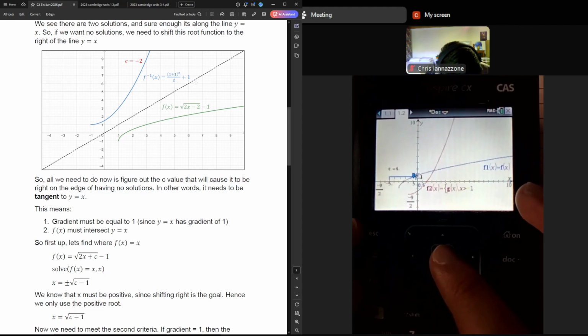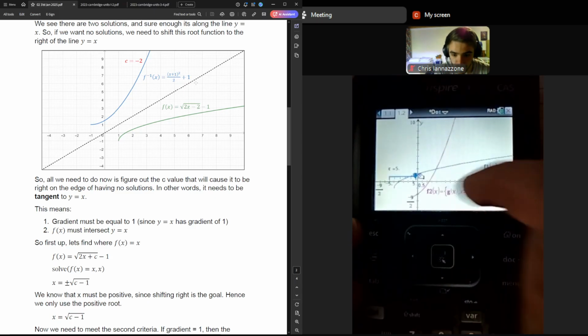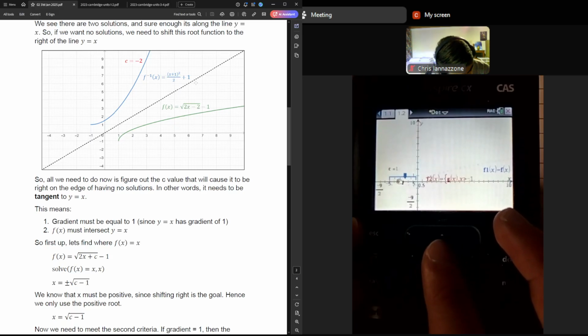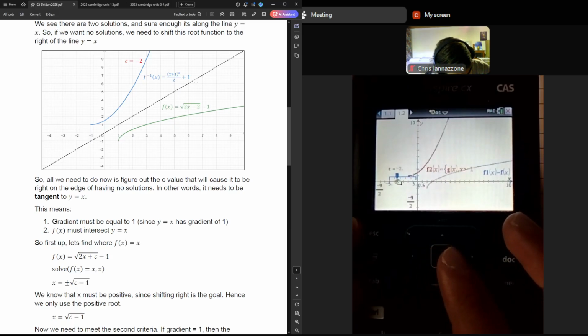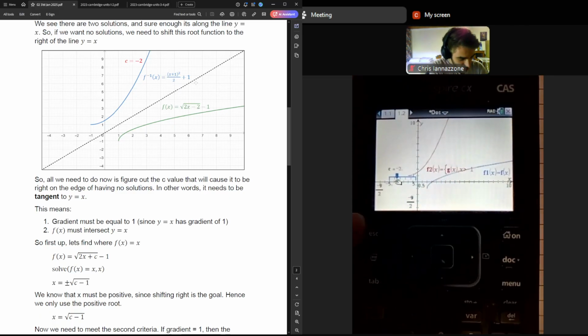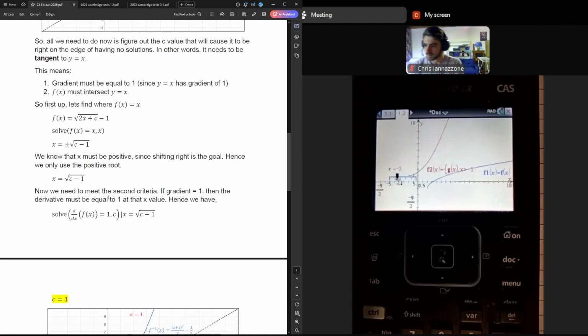The blue line is our f of x. We can see it doesn't matter how far I shift this way, they will always touch. It's only when I shift it right that they stop touching. Okay, so shifting right is the goal, which means we're going to have a positive x at that spot. Cool. That's why we're taking the positive of that root.